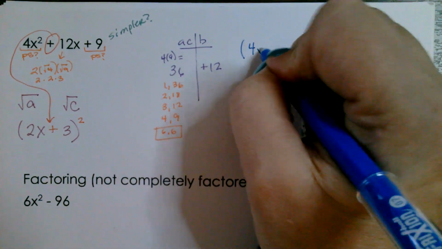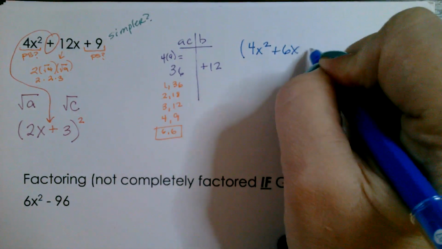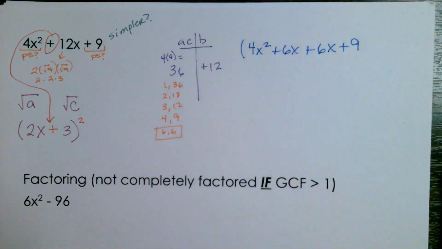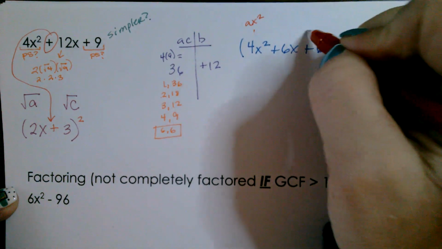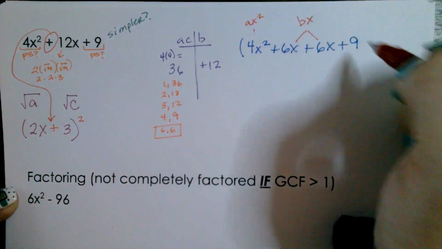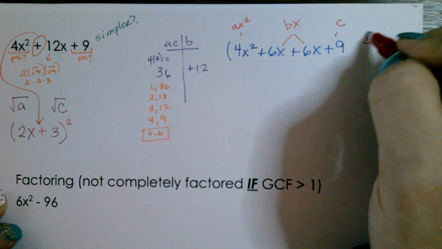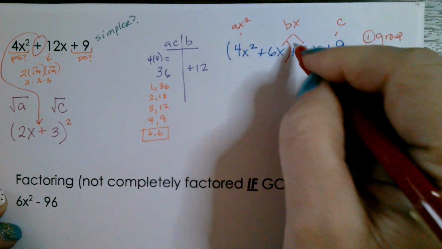So 4x squared, I started my grouping, plus 6x plus 6x plus 9. Remember, this is my A term. These two together make the B term, and that is my C term. So step 1 of the 3 is we need to group.